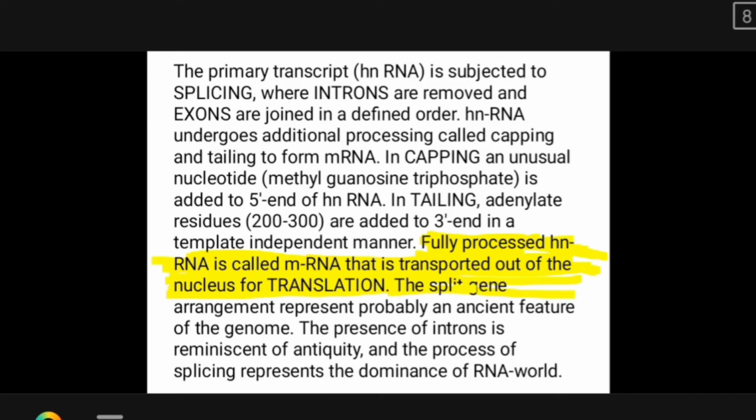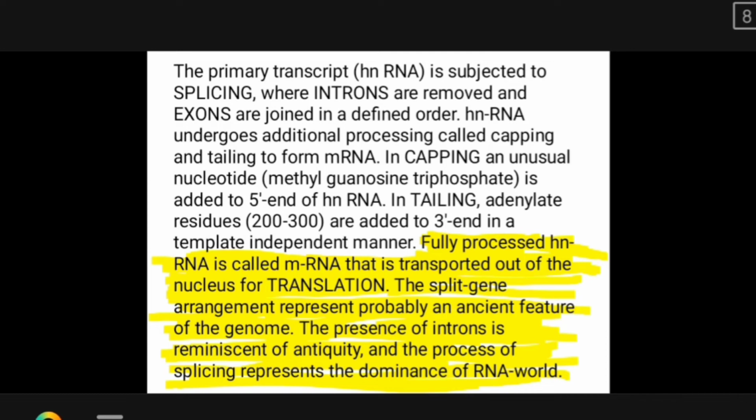And the split chain arrangement probably represents an ancient feature of the genome. Presence of introns is reminiscent of antiquity, and the process of splicing represents the dominance of the RNA world. There are three additional processes required in eukaryotes for maturation of hnRNA.